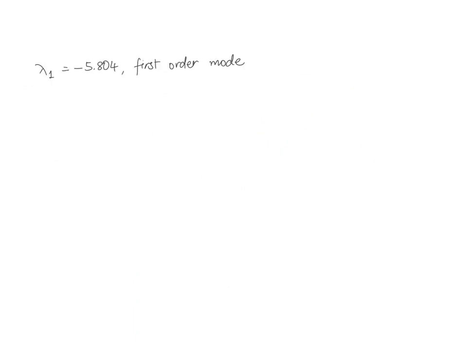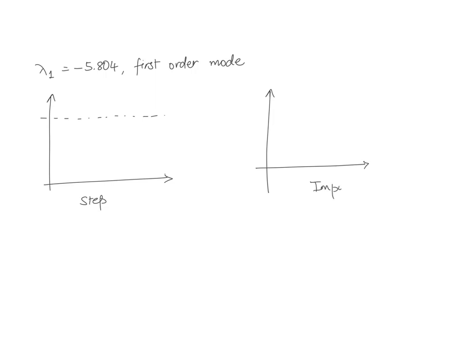Let's look at the first one, lambda 1, negative 5.804. That's a first order mode. So even before I actually work out the overall impulse response and step response, I know the general form of the impulse and step response. The step response is going to look something like this, and the impulse response is going to look something like that.